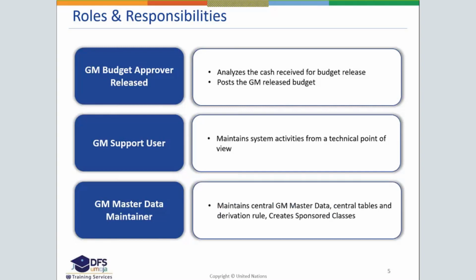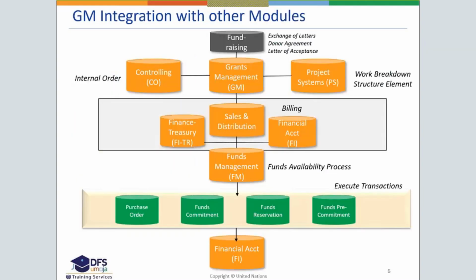Okay. Let's see now, very important slide, how the grants management module interacts with the different modules in the Umoja system. You know that grants management is a kind of micro Umoja system itself because it touches almost all the modules. Once the donor agreement letter of acceptance is in place, the grants management process starts in the system.